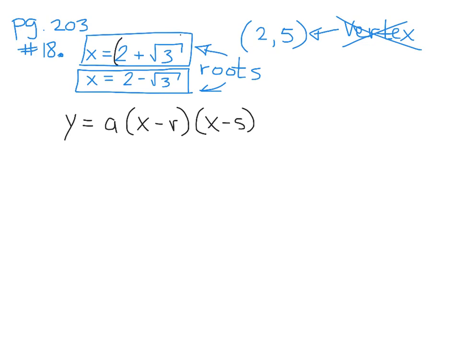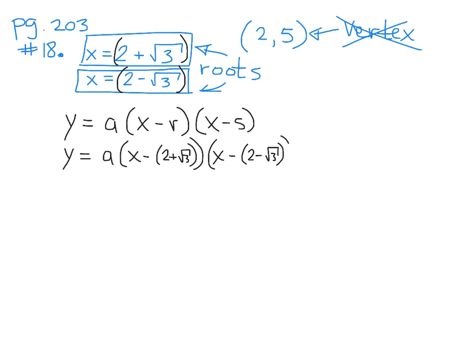This entire thing is the first x-intercept, and this entire thing is the second x-intercept. So we have y equals a times (x minus, be careful, I'm going to write brackets in here, 2 plus root 3) because that is my first x-intercept, okay? And then x minus my second x-intercept, which is this whole thing, 2 minus root 3. Okay, so this is actually what you should be writing here.